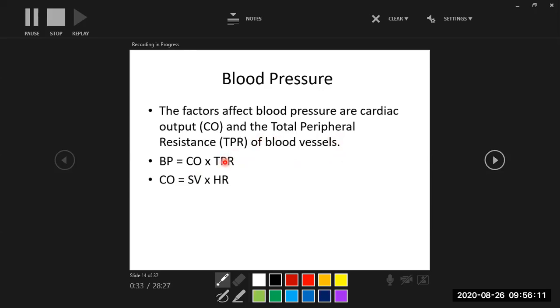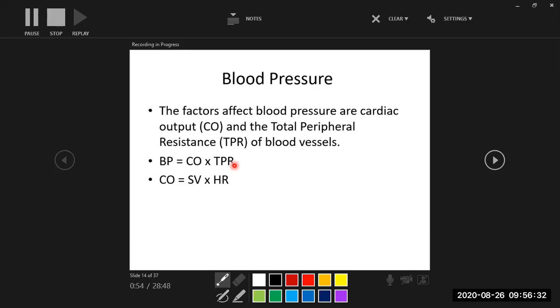So when we talk about hypertension, why is it difficult to really pinpoint the cause of the hypertension? It's because it could be the high CO, it could be the high TPR. It really depends on the individual.